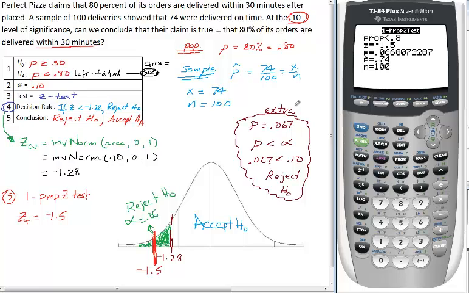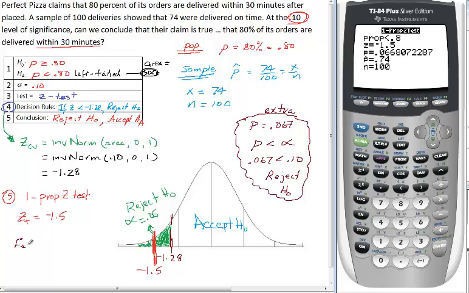The only thing left to do now is to take the answer and write it in words. What can we say? Well, we accepted HA. Now, what's HA? HA is the fact that less than 80% are getting their orders on time. Okay, so let's say that in words down here.